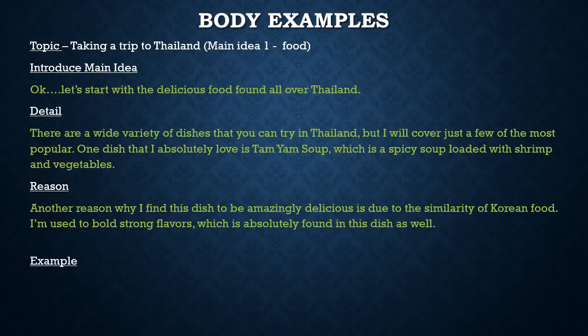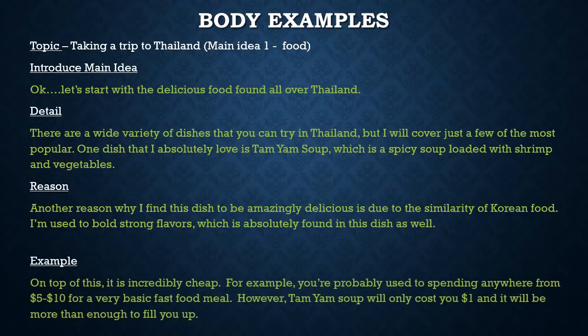Okay, finally, I'll give an example. On top of this, it is incredibly cheap. For example, you're probably used to spending anywhere from $5 to $10 for a very basic fast food meal. However, Tom Yum soup will only cost you $1 and will be more than enough to fill you up. Okay, so there you go.